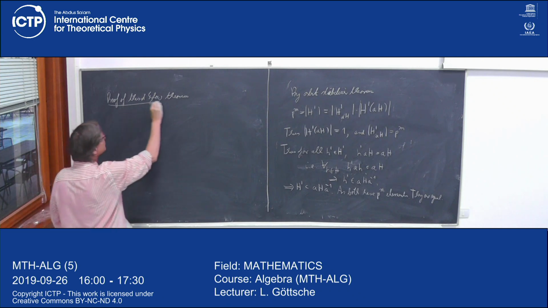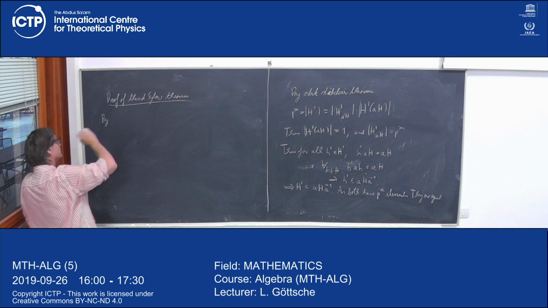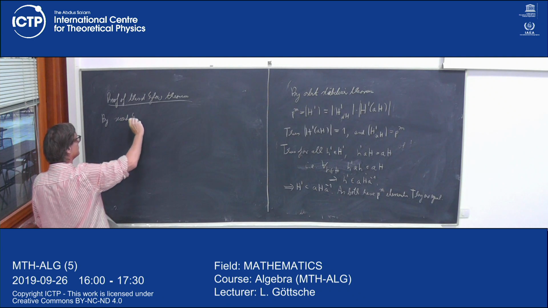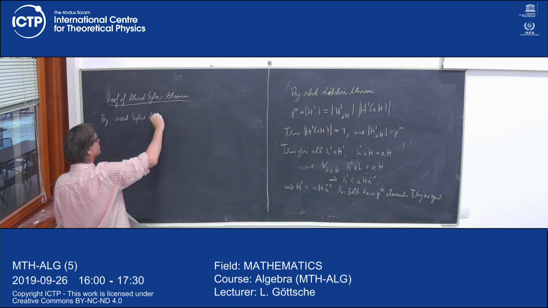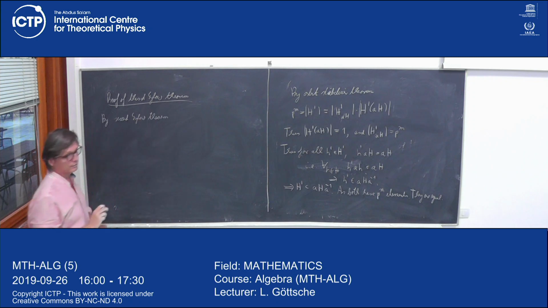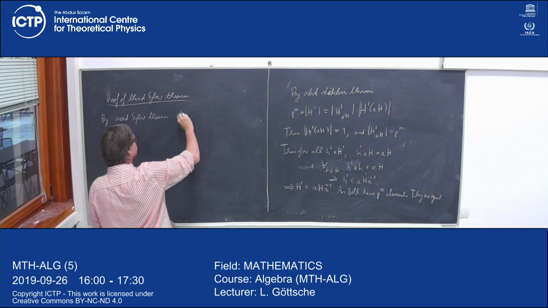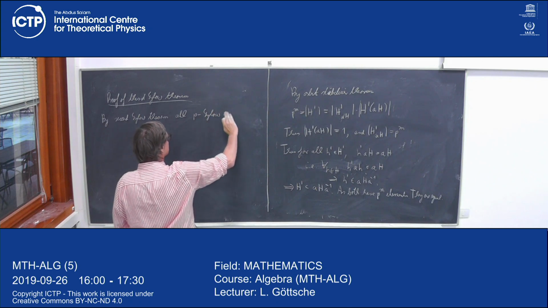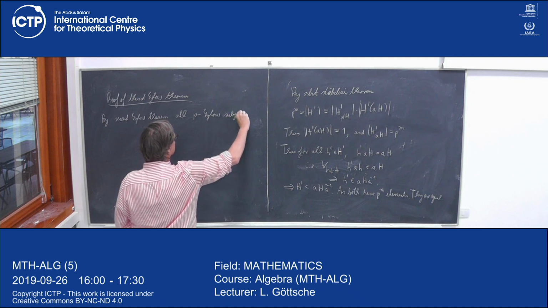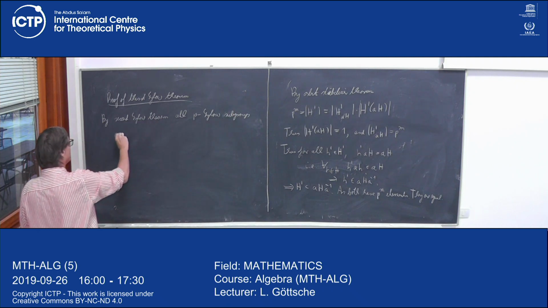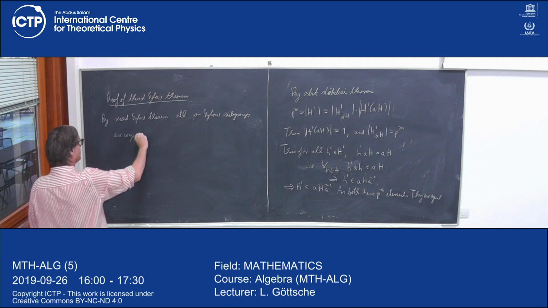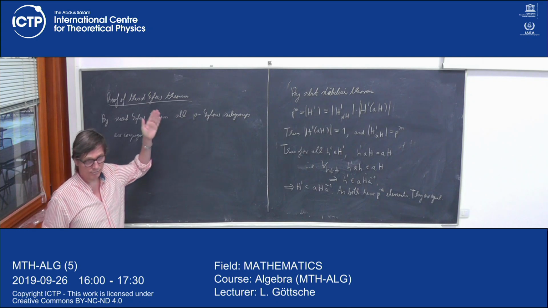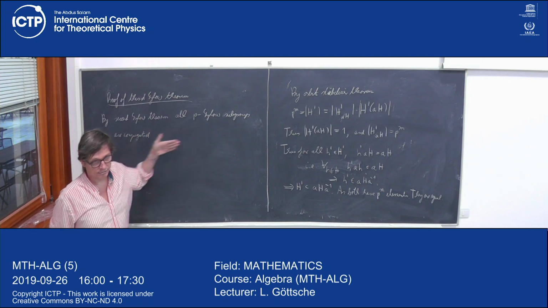So we know by the second Stabilizer theorem all p0 groups are conjugate. So that means the set of p0 subgroups is an orbit of one p0 subgroup under the conjugation action.